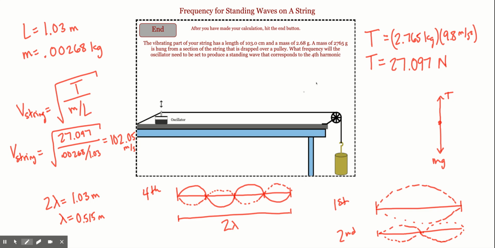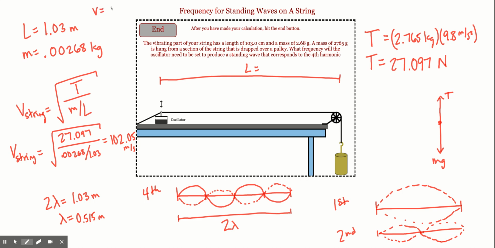Okay, so it's important that we note what harmonic number we're at, because that determines how many waves fit on our string between these 2 points. So this right here is our overall length, and that's equal to, in our case, 2 waves because of the fourth harmonic, right?